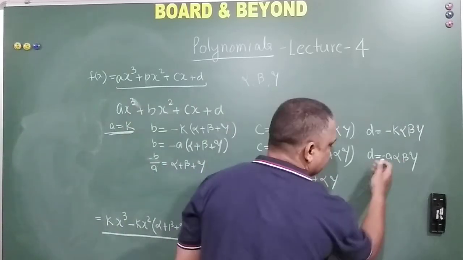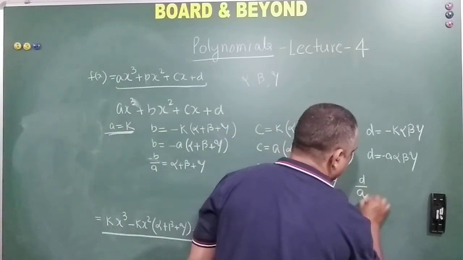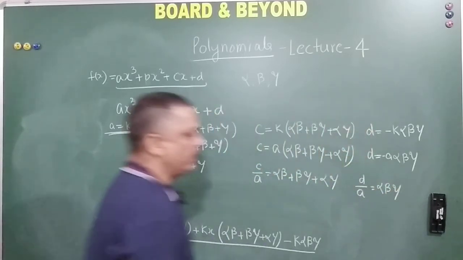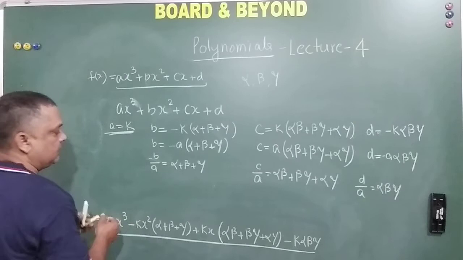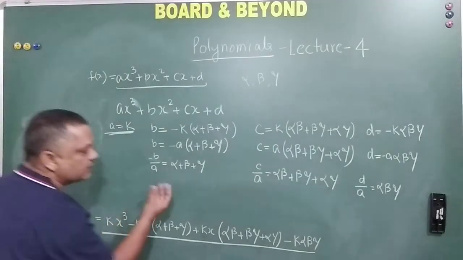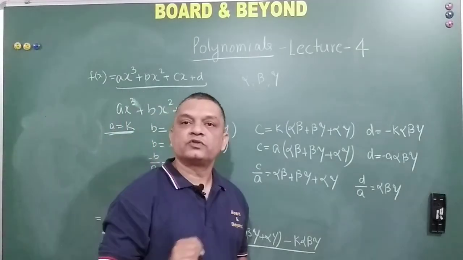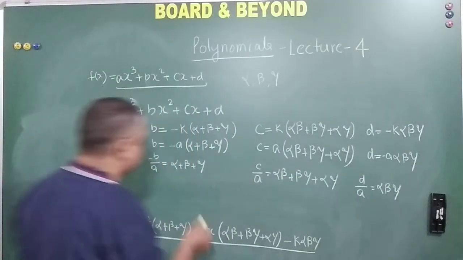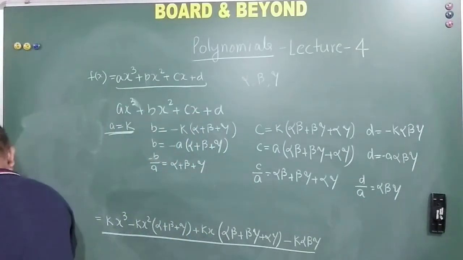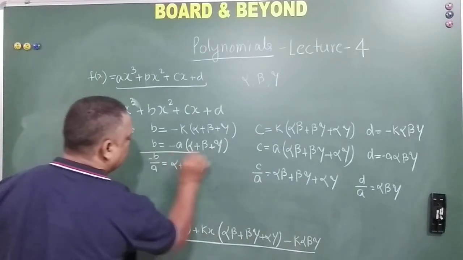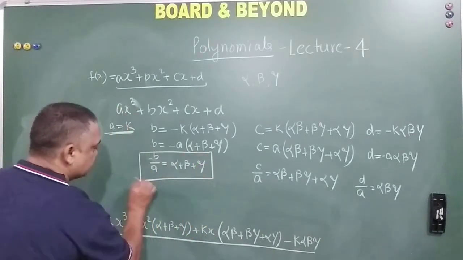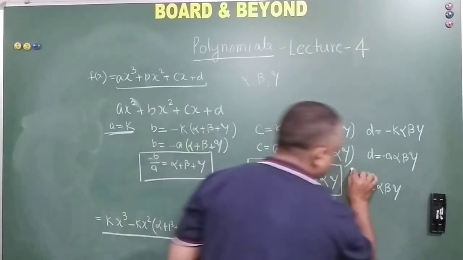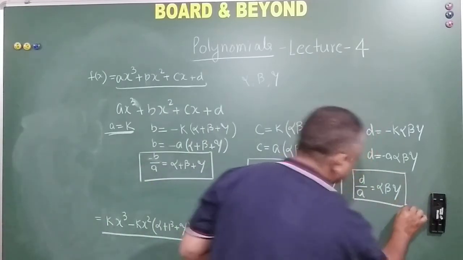If I bring a this side, this becomes d by a is equal to alpha beta into gamma, right? So these are the different relationships between the roots and coefficients of a cubic polynomial. Let me just highlight with a different color. This is 1, this is 2, and this is 3.